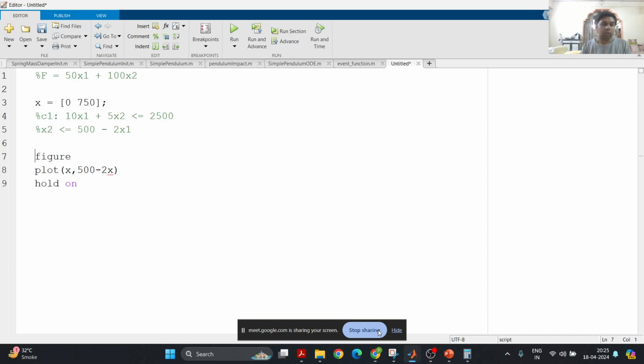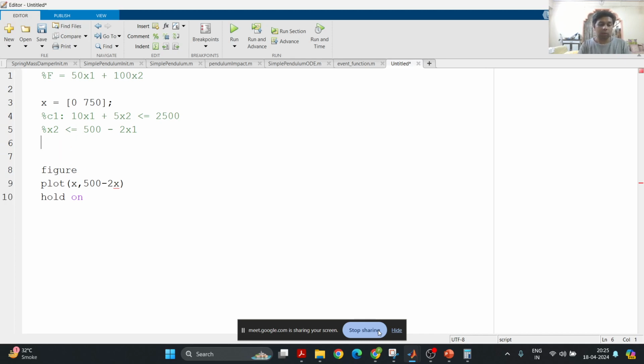The other constraint was 4 x1 plus 10 x2 is less than or equal to 2000. So then we can rearrange this to x2 should be less than or equal to 200 minus 0.4 x1.